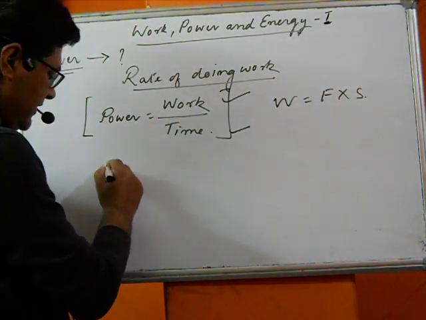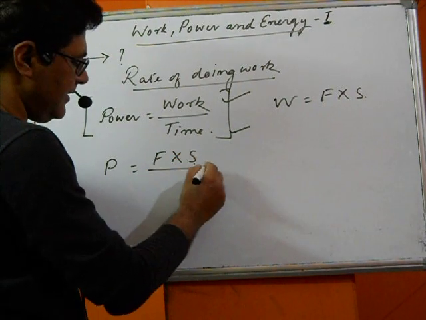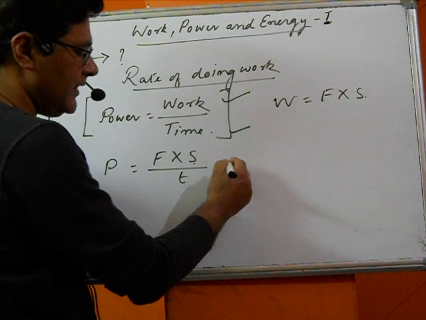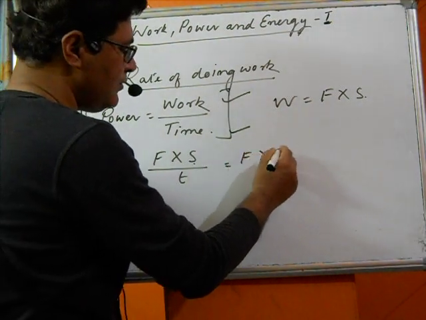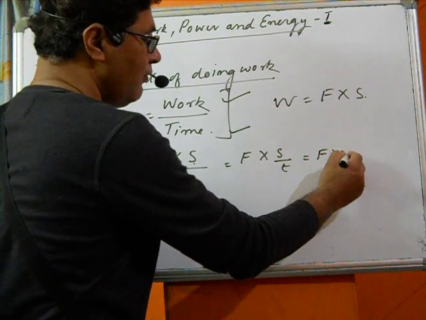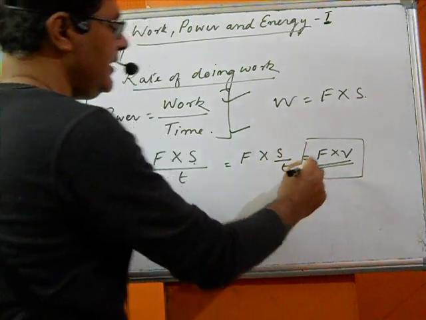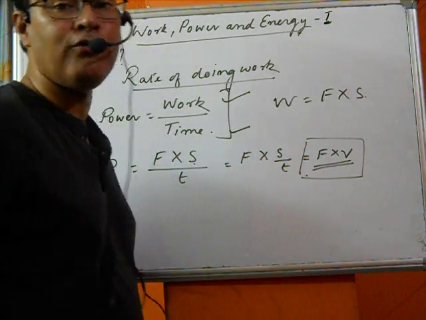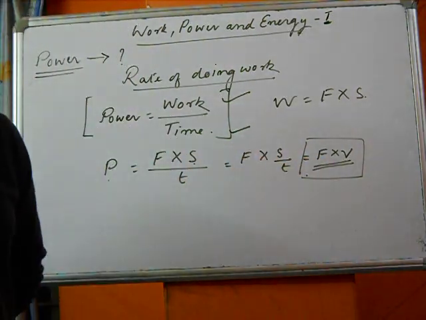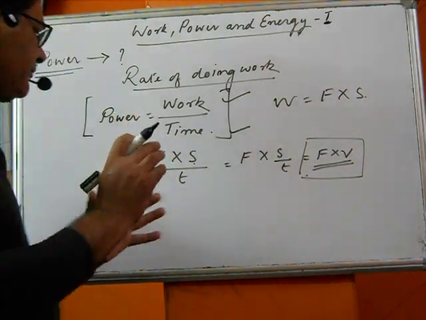So we can write power equals force into displacement by time. That means force into velocity. So we can also express power as force into velocity. Please understand this in a logical way.